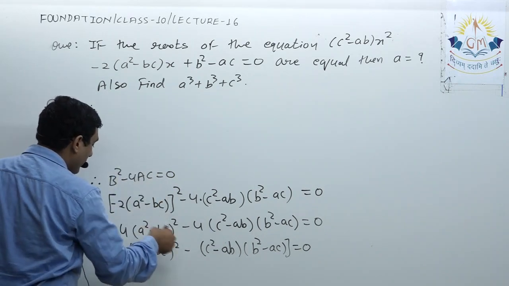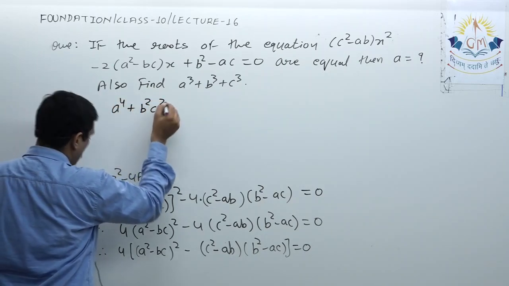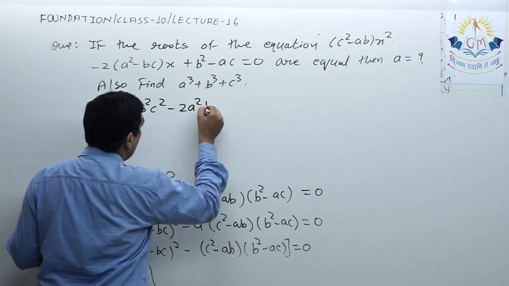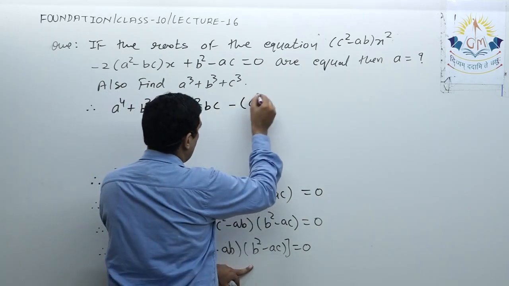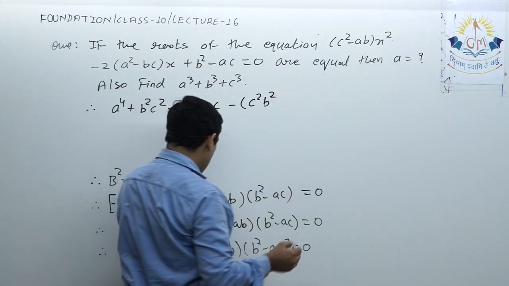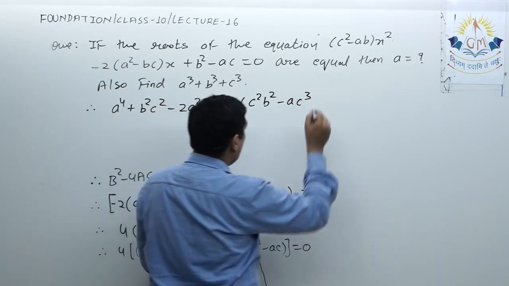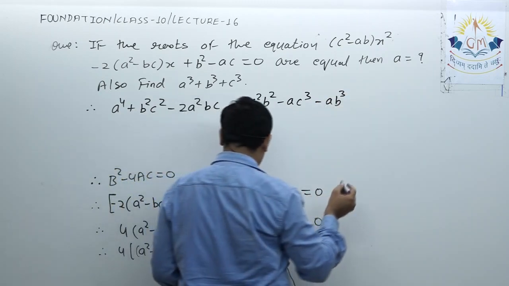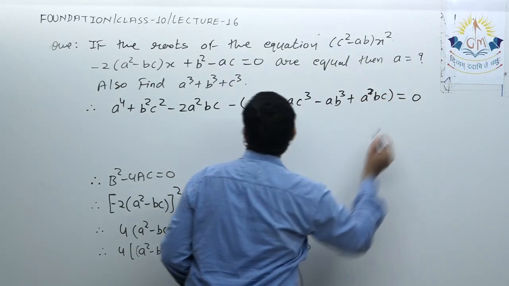Here I will apply the identity of (a minus b) whole square, that is a raised to 4 plus b square c square minus 2a square bc, minus (c square b square minus ac cube minus ab cube plus a square bc) is equal to 0.